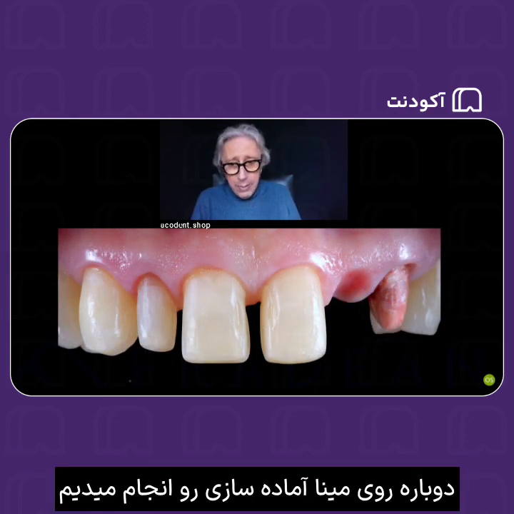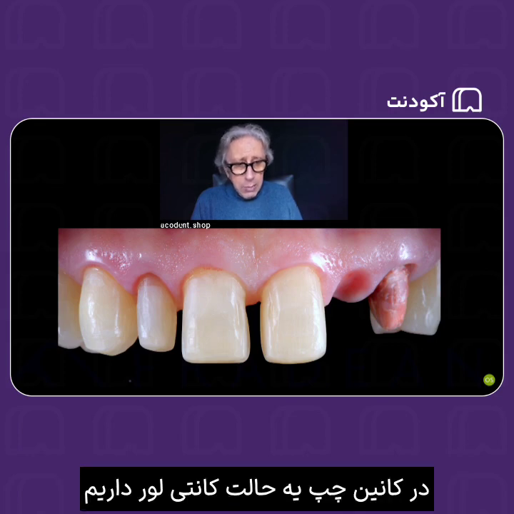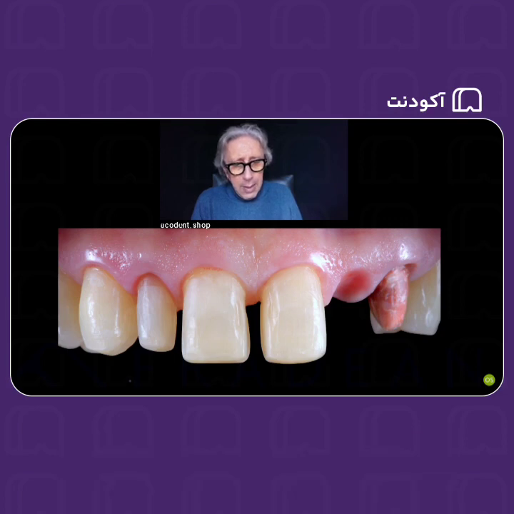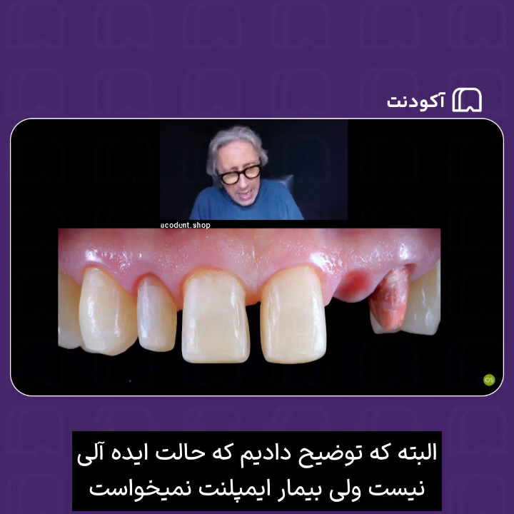So she wanted it to be rounded. We prepared in enamel again. We had to maintain a kind of cantilever on the left cuspid, with the lateral incisor on the left side as a cantilever. We explained, of course, that it's not the ideal case, but it was to avoid placing an implant, since the patient didn't want one.